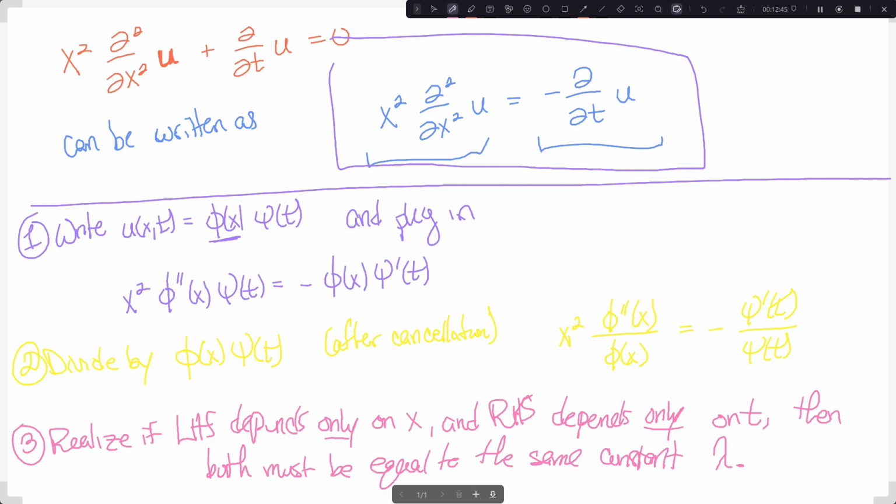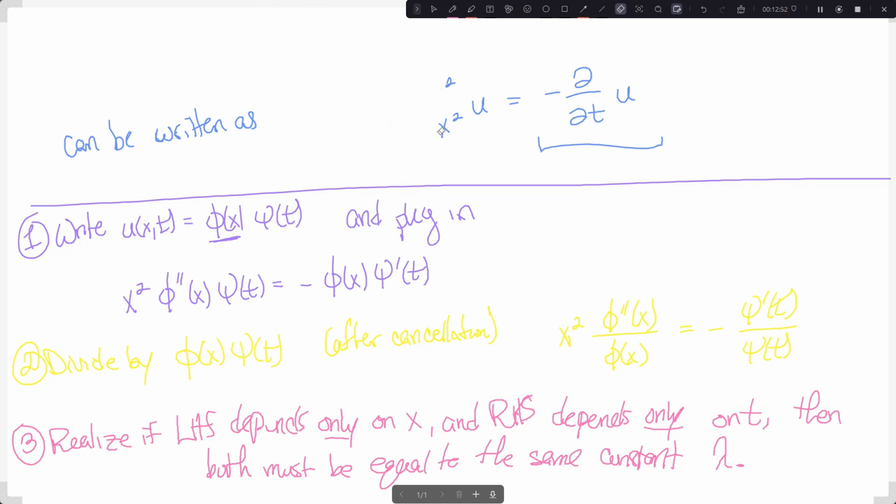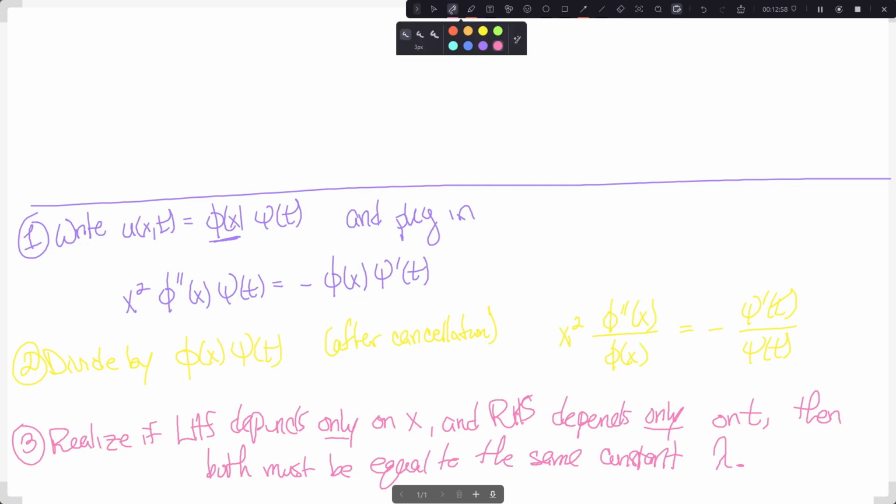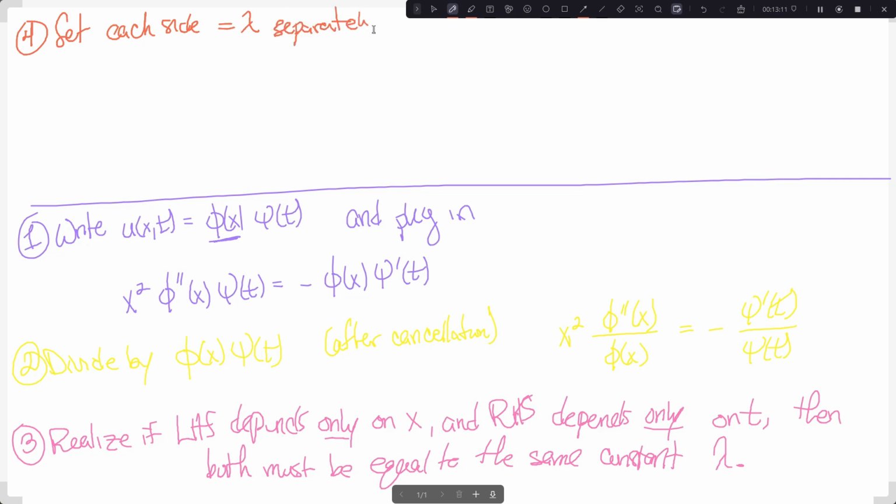So they're both equal to the same constant lambda. That helps me out with step 4. Set each side equal to lambda separately. There's your separation of variables.